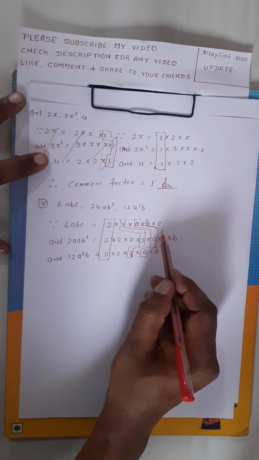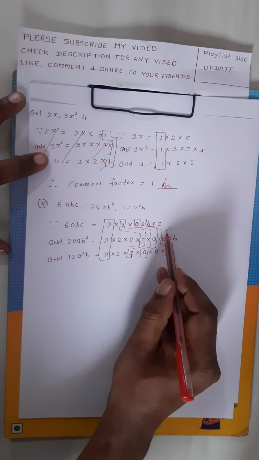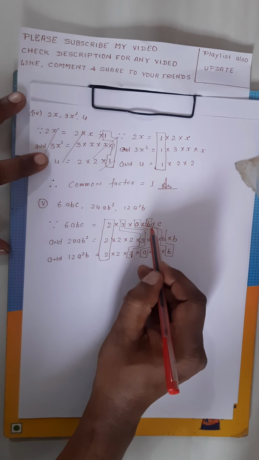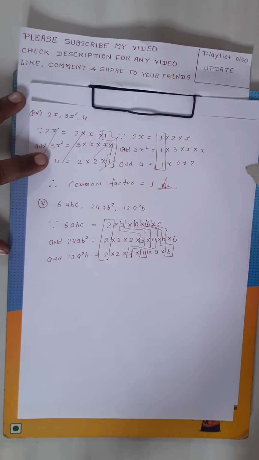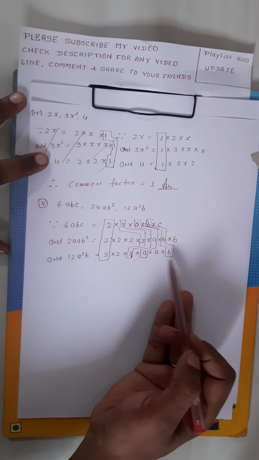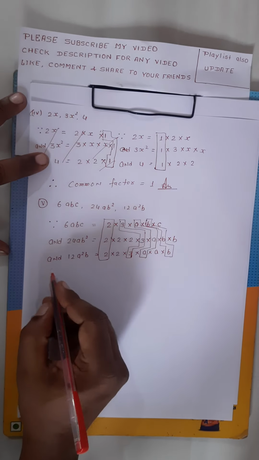B is also common in all terms. C is not common in all. And 2 into 3 into a and b is completed.